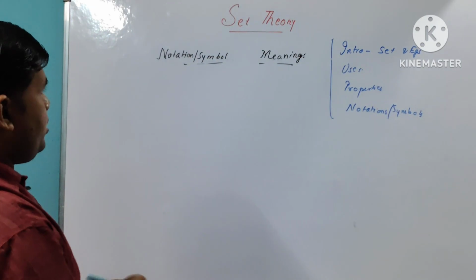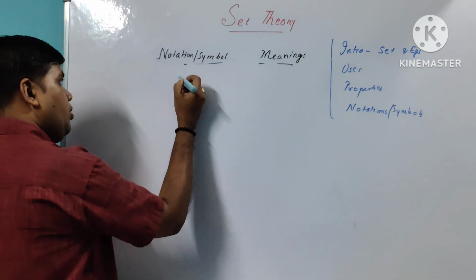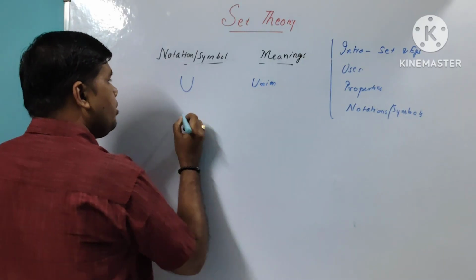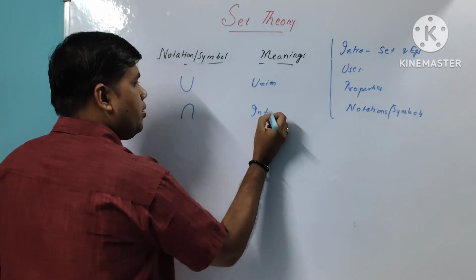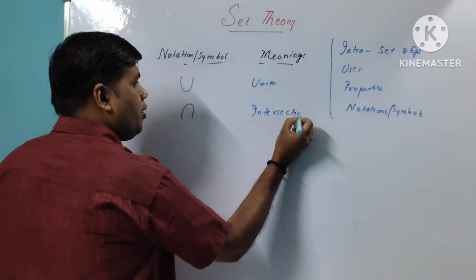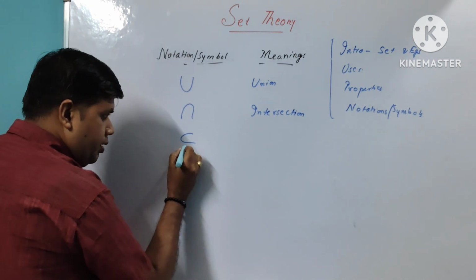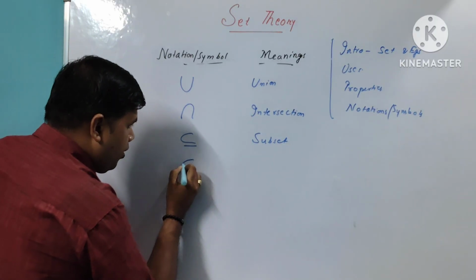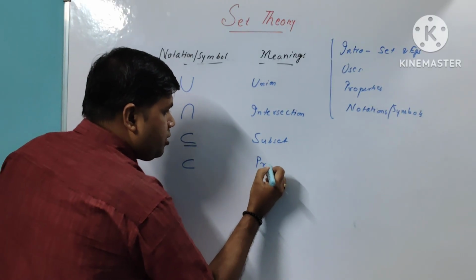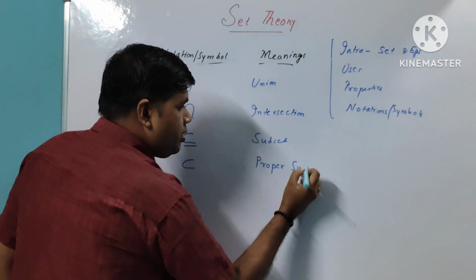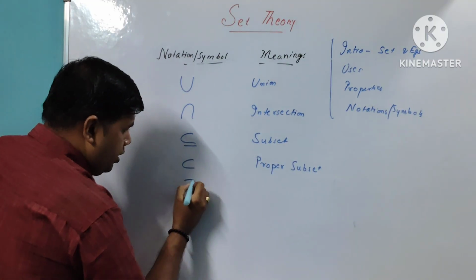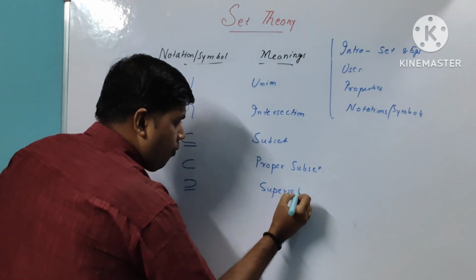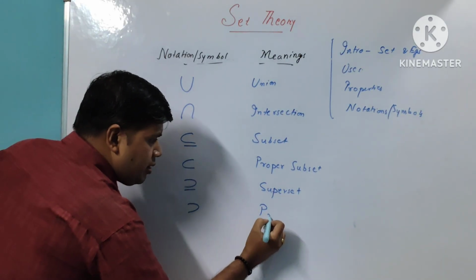The first notation that we commonly use, U, is called union. Then intersection, this is subset, this is called proper subset, superset, proper superset.